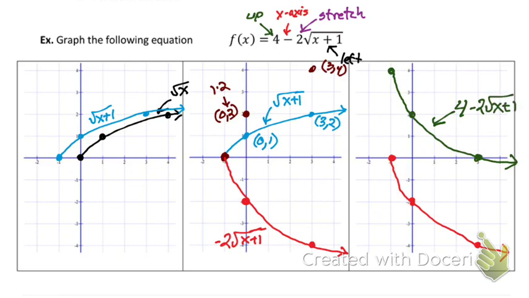That is shifted left 1. It is stretched, it is flipped, and is moved up 4. Now, you might not be able to check every point being correct, but you can at least make sure it makes sense with this. Is it left? Yeah, it's left. Is it stretched? Yeah, it's stretched. Is it flipped? Our square root used to go that way. Yeah, it's flipped.